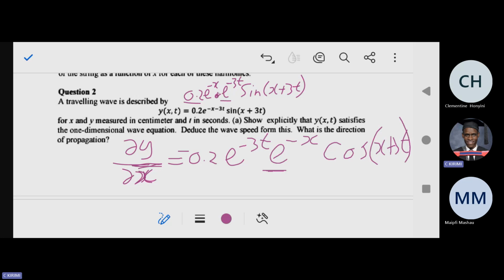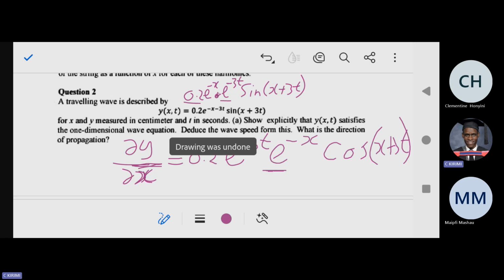We close our bracket. When you differentiate what is inside the bracket, it multiplies in front of the cos. If you differentiate x plus 3t, you get 1 for x, so you multiply by 1. Any number times 1 stays the same. Then if you differentiate 3t, we said 3t is a constant, so it's 0. So it will be 1 plus 0, and you are just left with this one only.